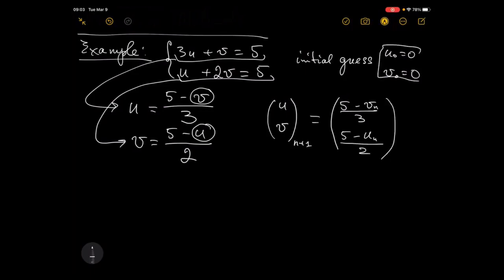Start from this initial condition and just perform iterations.